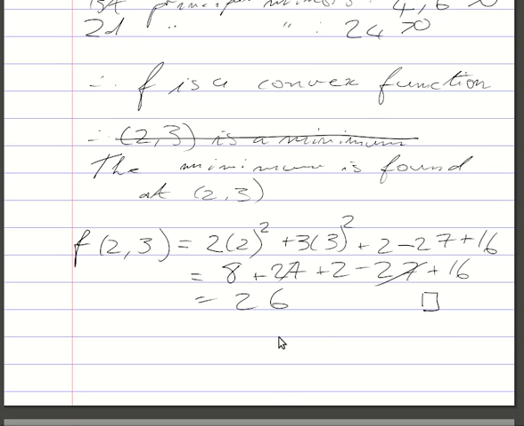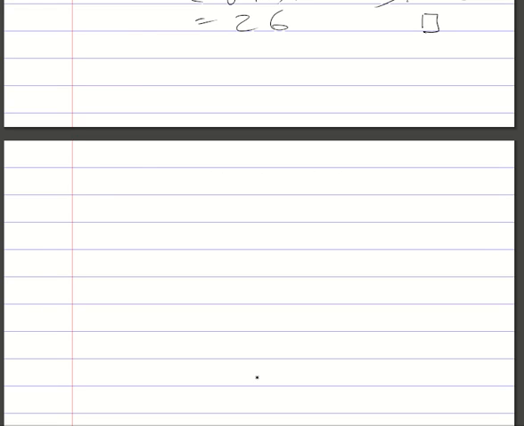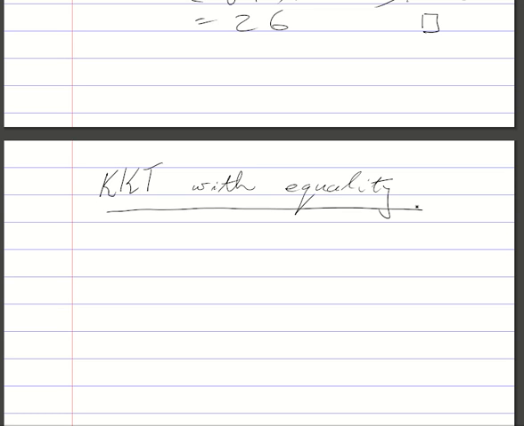Now, one thing to mention still is that we can use KKT conditions with equality constraints, and in fact this is very important to be able to do. In the same way, you can actually answer these Lagrange multiplier questions with KKT conditions if you use this method.